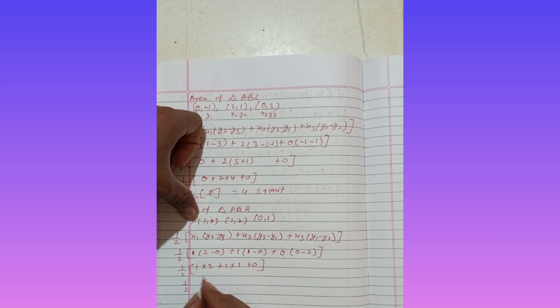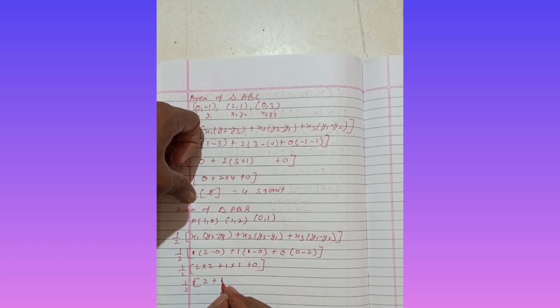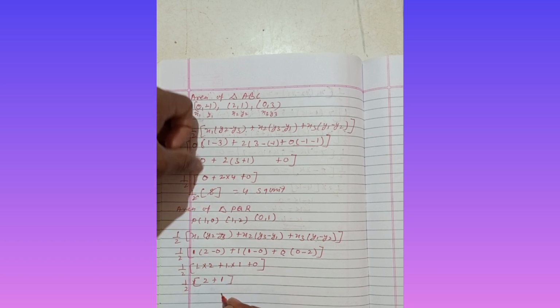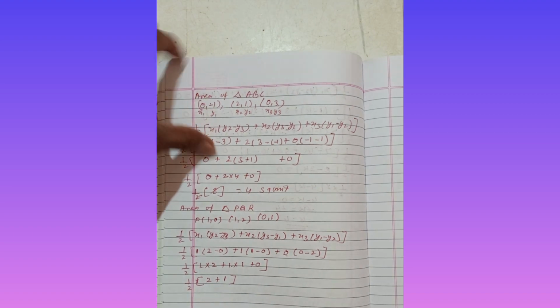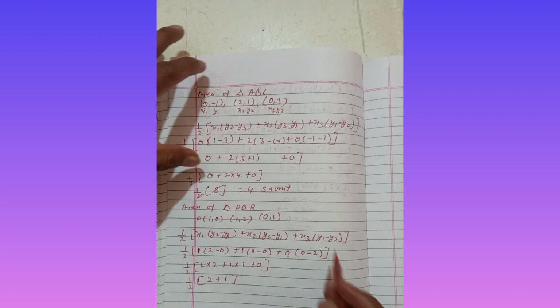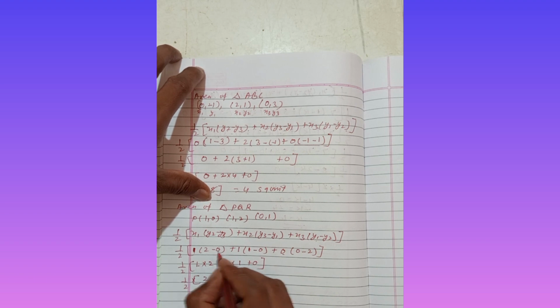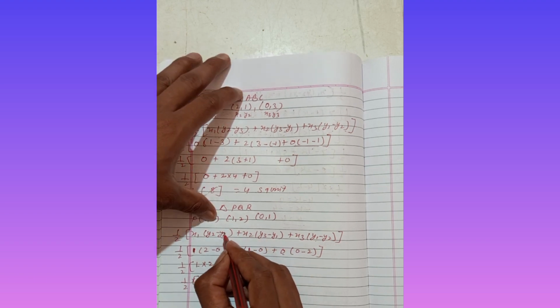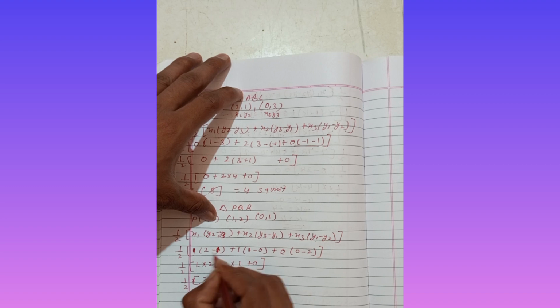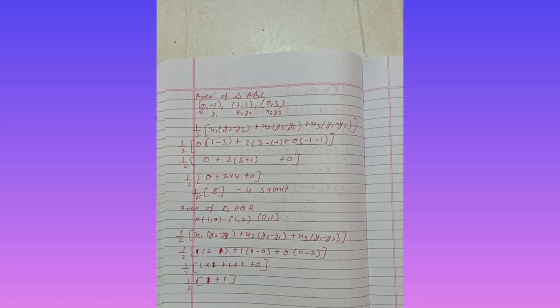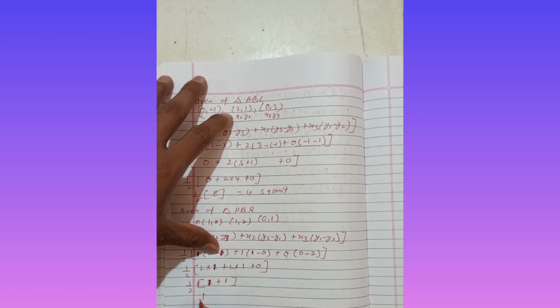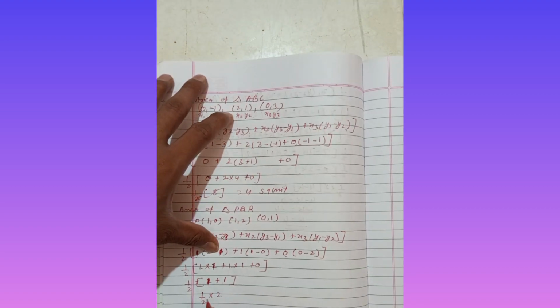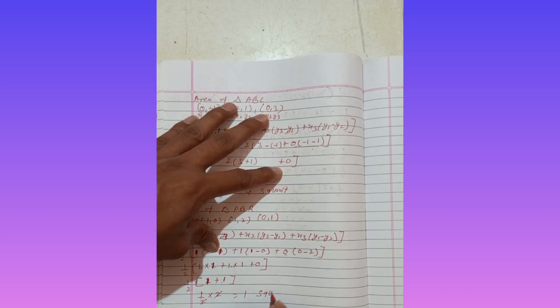Sorry, for y3 the value is 1, so 2 minus 1 is equal to 1 only. So it becomes 1 plus 1. Next we get 1 by 2 into 2, we cancel it, and it becomes 1 square unit.